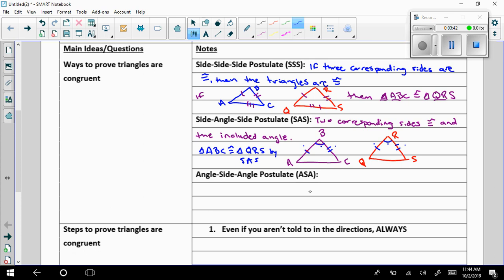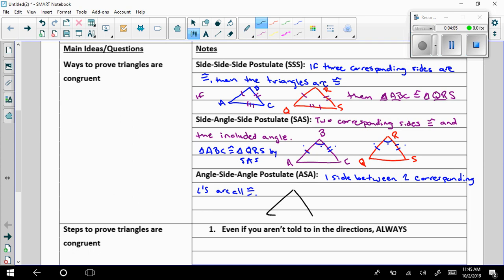Okay, last one, angle, side, angle, and this is why. So the side is between the 2 corresponding angles. So one side between the 2 corresponding angles that are congruent. Again, looking at a picture of what that looks like.